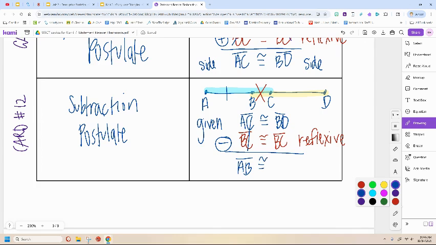And if I take BD and take away BC, I'm left with CD. And now I have a set of congruent sides. Yes? Does it matter which way the letters go? Nope.